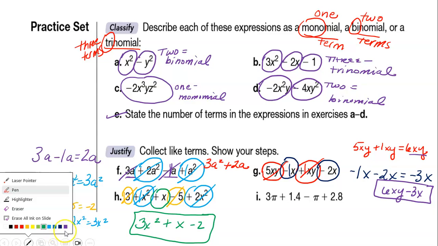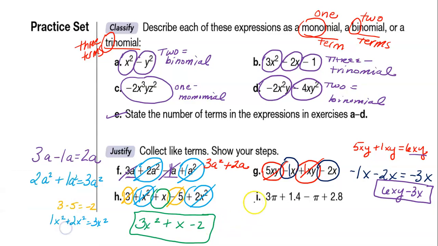Okay. And the last one, so the last one I've got 3 pi minus pi, and of course there's an invisible 1 there. So if I take this over here, I've got 3 pi minus 1 pi is equal to 2 pi. Okay. And then let's change colors.